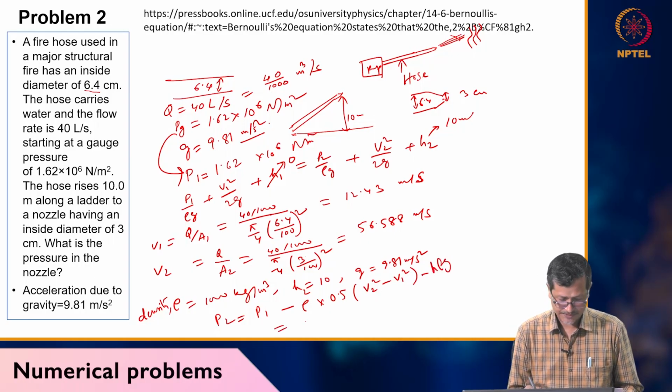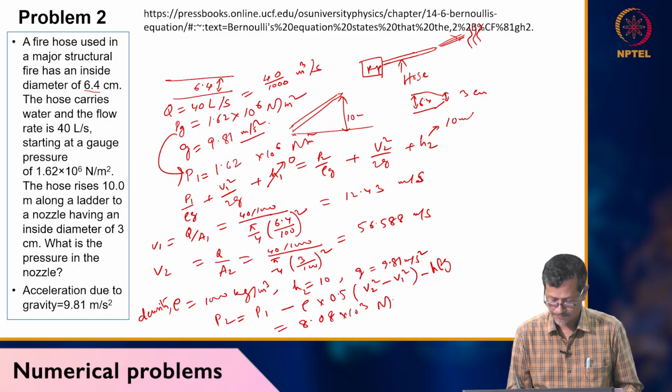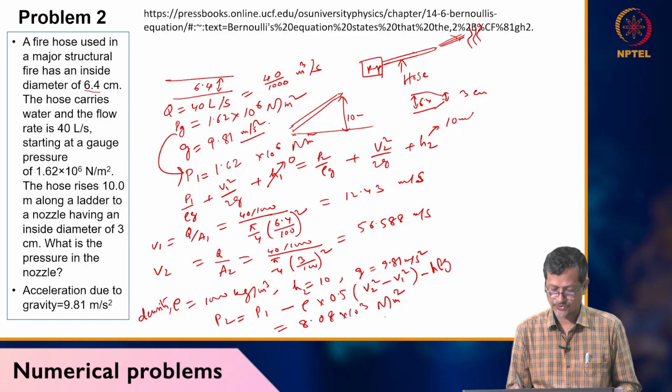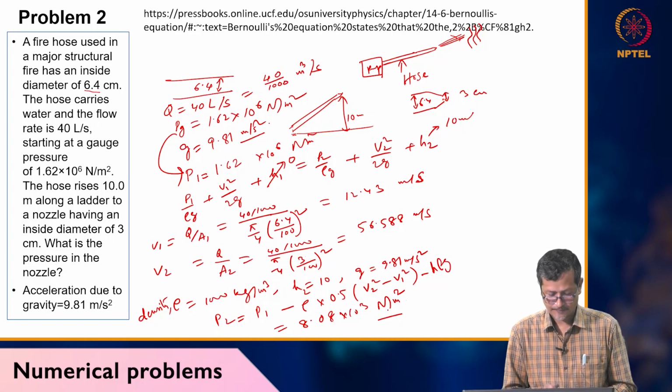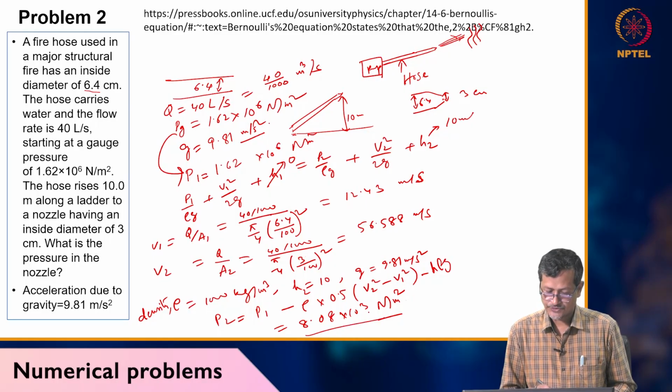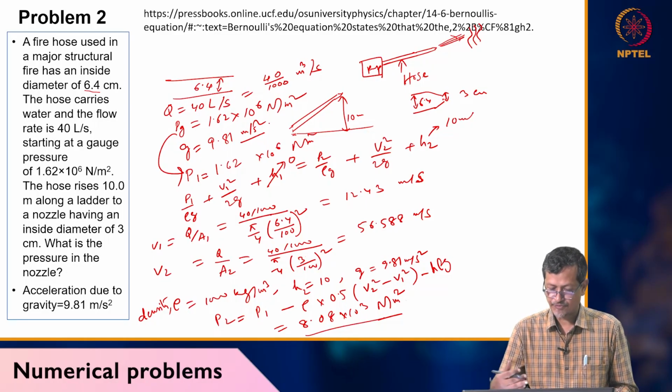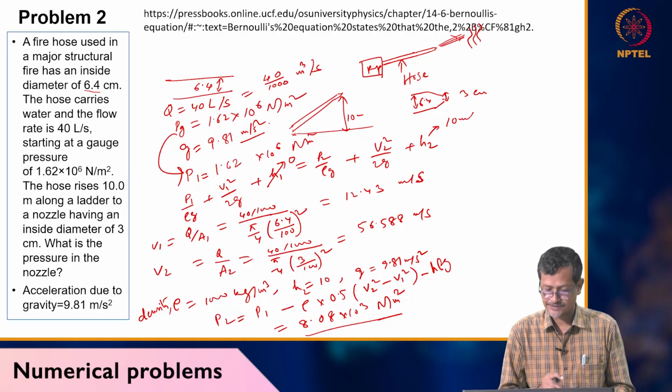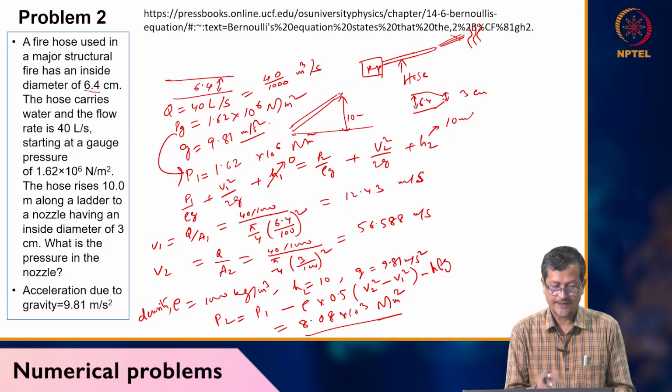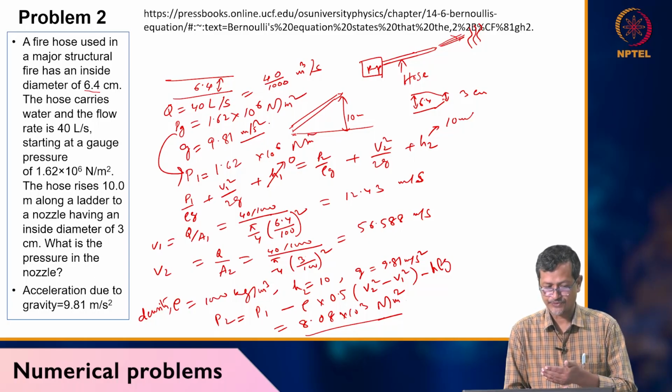This gives 8.08 into 10 power 3 Newton per meter square. So this is your solution. Whenever you are solving this type of problem, you should look at the units also. Here centimeter and meter, mixed units, are there, so I converted everything into meter and solved. Whatever unit you use, use the same unit throughout, so that there will be no calculation error or decimal error.